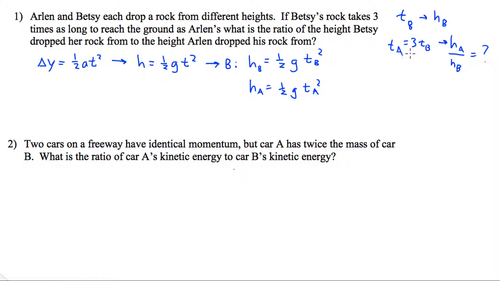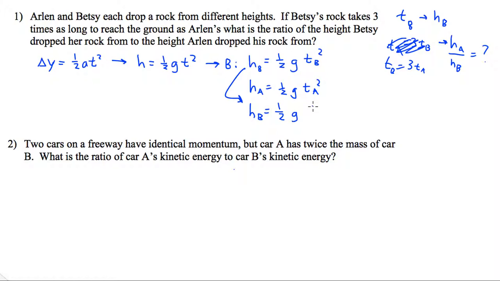Time for Arlen, oh, I'm sorry, this is wrong. Time for Betsy equals 3 times time for Arlen. So what we want to do is plug in, I'm going to take the HB thing. See, I've already done this. This is why you practice these things, because I'm forgetting how to do these.